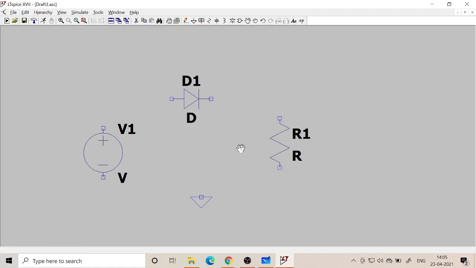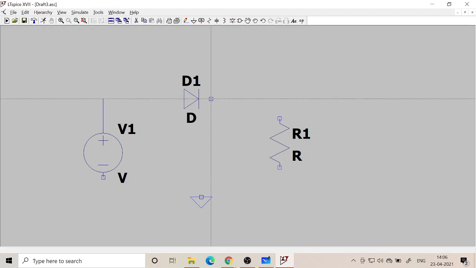And now you need to connect them. So you go to this wire icon and click on it, and then you see that a cross sign will appear. Bring that cross sign wherever you want to start the connection. Click there, draw wire, click wherever you want to turn, and then click wherever you want to end.